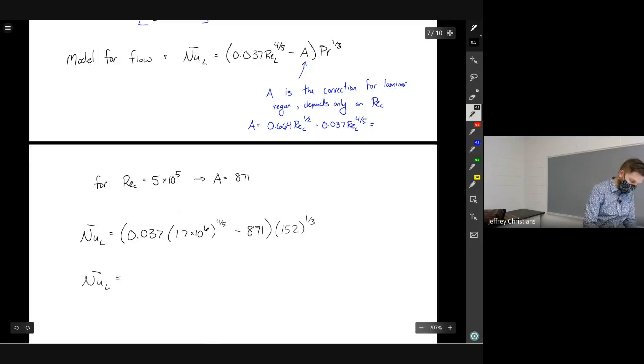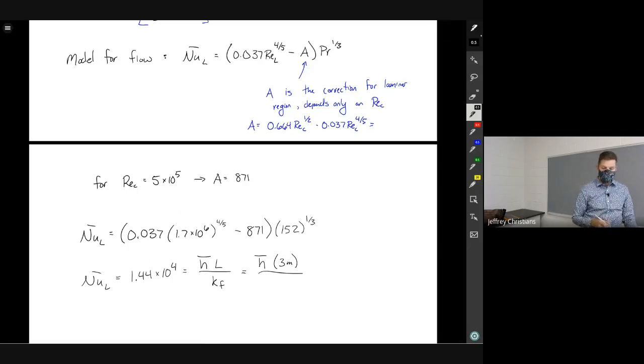That gives a new Nusselt number of 1.44 times 10 to the 4, which equals the average convection coefficient times L over K. L is 3 meters, K is 34 times 10 to the minus 3 watts per meter Kelvin.